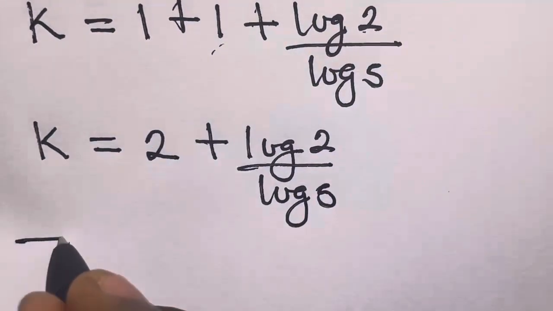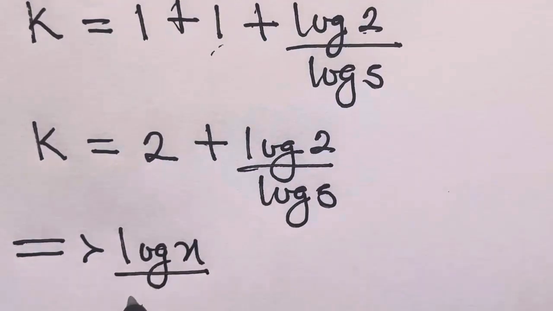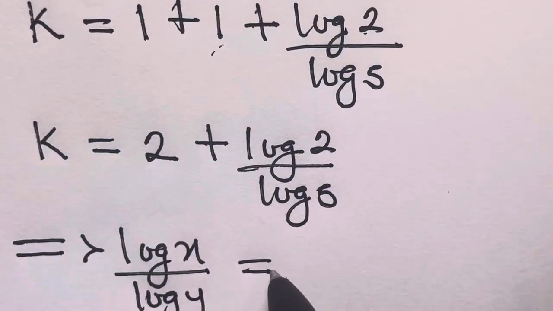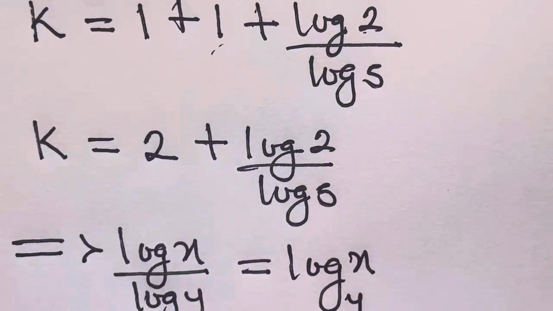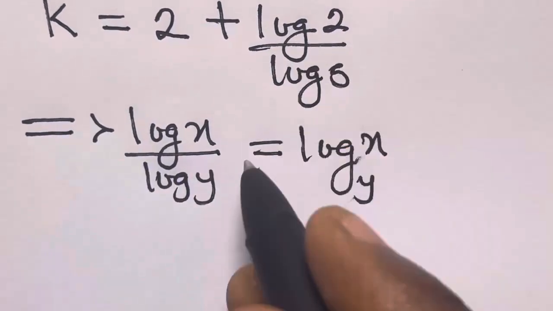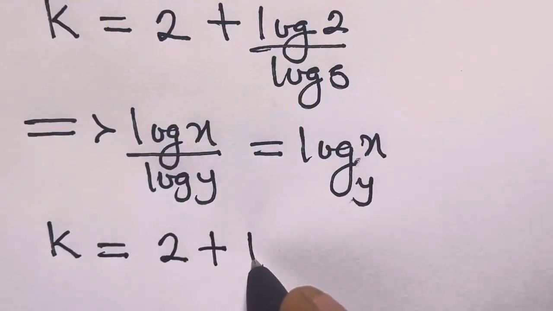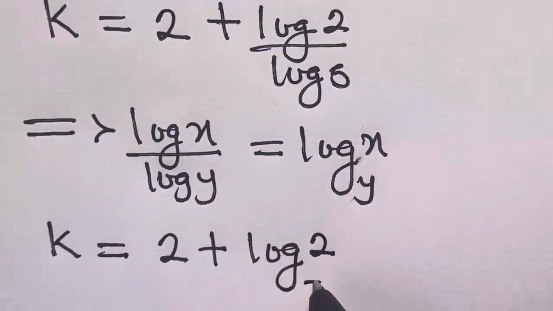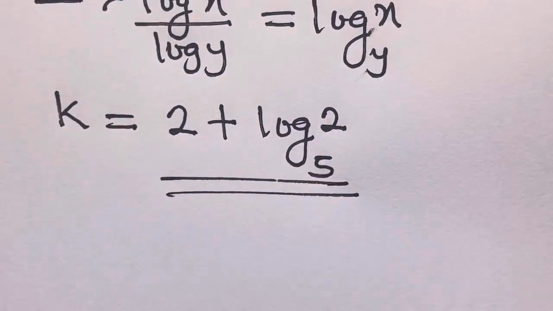Right? So also let's recall that if you have log x divided by log y, we'll have log x in base y. So let's apply this to this. So we have k equals 2 plus log 2 in base 5. So guys, this is our answer.